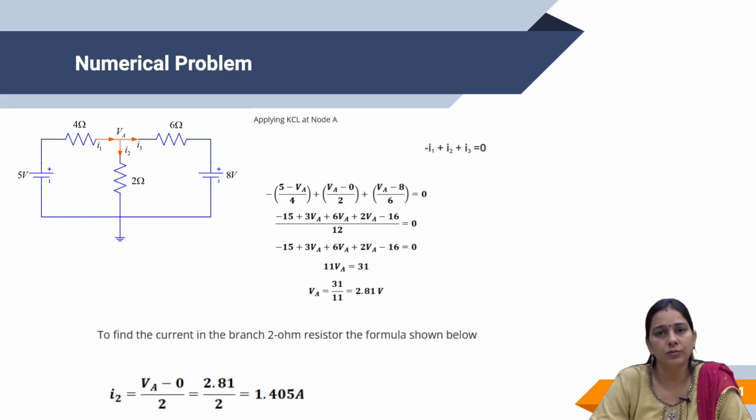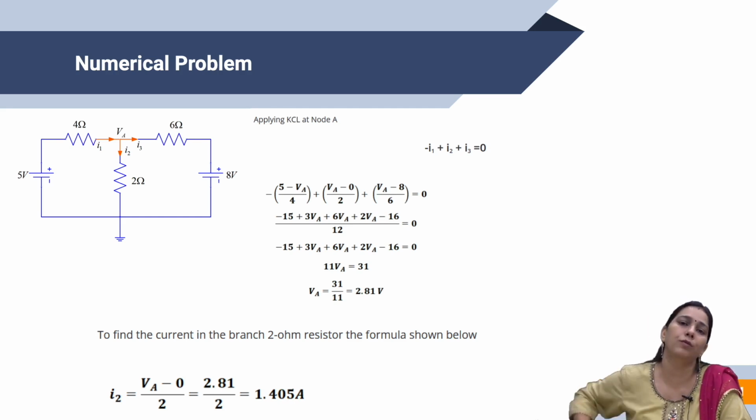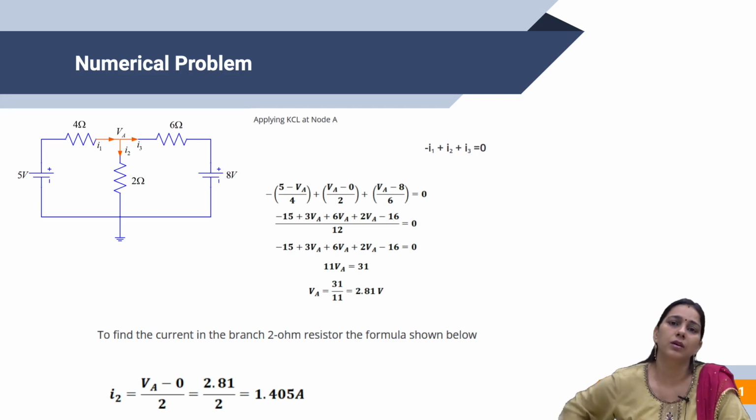Using the potential differences and the resistances, these equations can be written as: I1 equals 5 minus VA divided by 4, whereas I2 equals VA minus 0 potential. Why? Because the second terminal of the 2 ohm resistance is connected to ground. So VA minus 0 divided by 2.